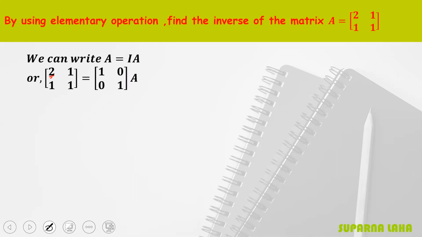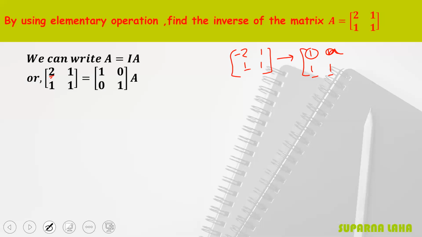Our next work: this element is 2, and I have to make it 2 1 1 1. Our first work is to make this element 1, and there will be some other element, maybe some value A. So firstly we have to make this element 1. For making this element 1, if we subtract row 2 from row 1, then 2 minus 1 is 1.